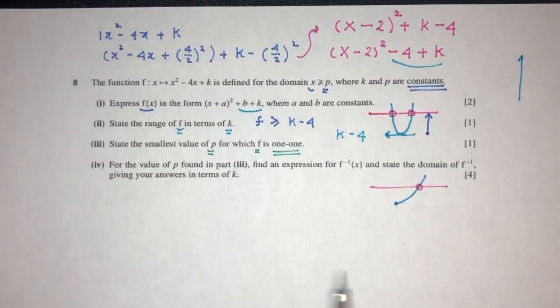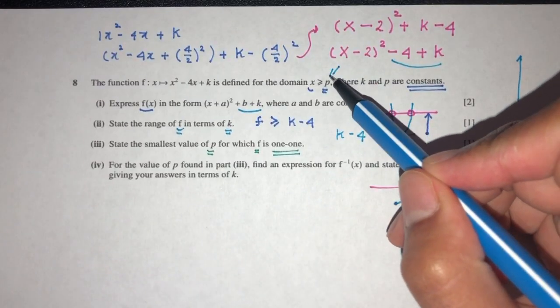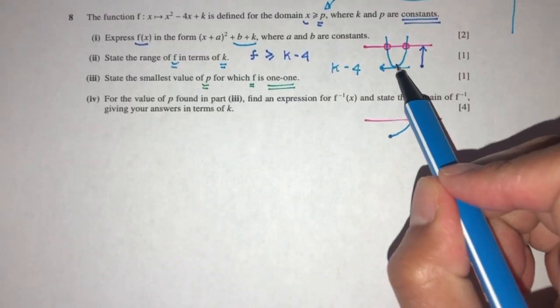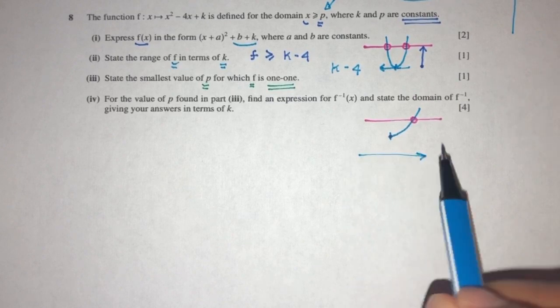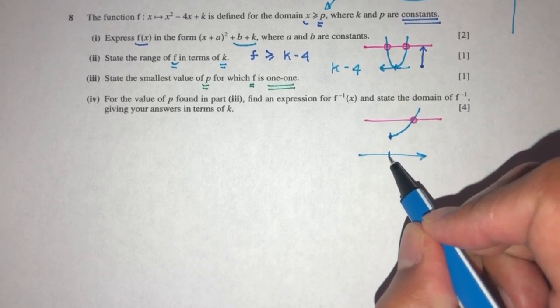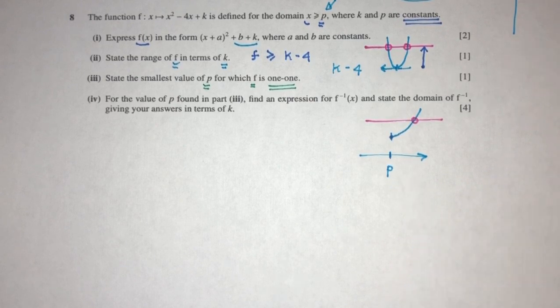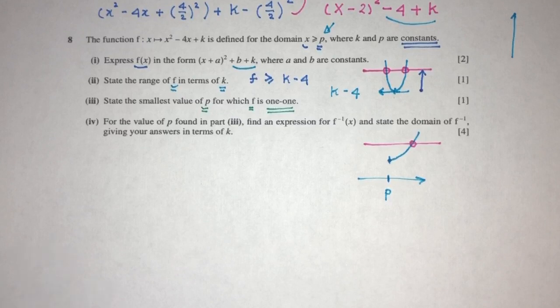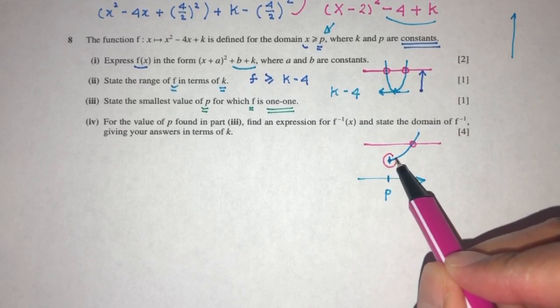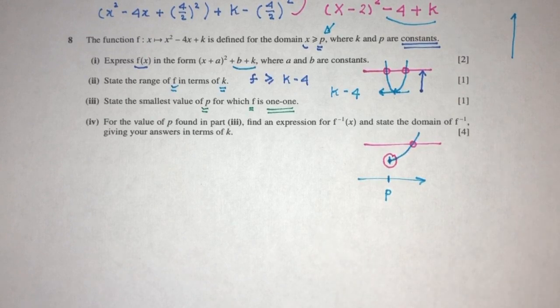Now, we have to find the value of p. Where is p? P is right here, this one, right? As you can see, x is the horizontal values, right? So x has to be more than this value, so this value is p, so that we can have a one-to-one function. Okay, so what is this point? As you can see, this is your minimum point, the x value of your minimum point.